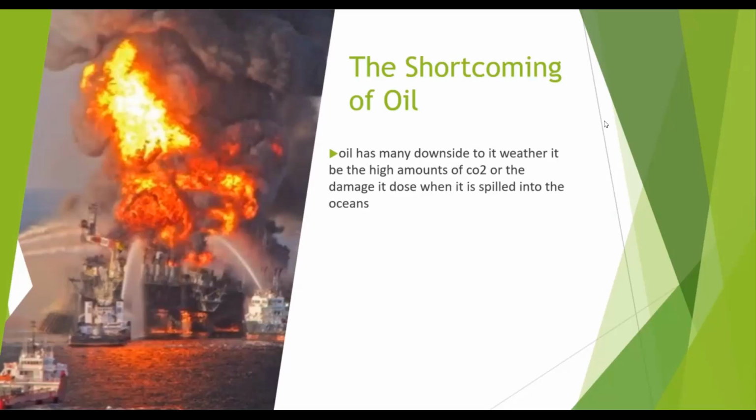Such damage can be seen from the image we have here, in which an oil rig in the ocean is engulfed in flames from the flammable oil. Thus, oil is leaking not only on the oil rig, but is also leaking into the ocean and hurting the environment.